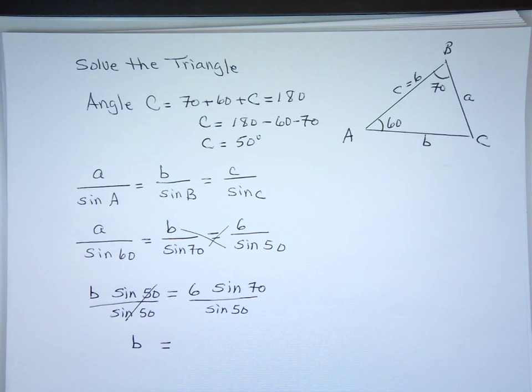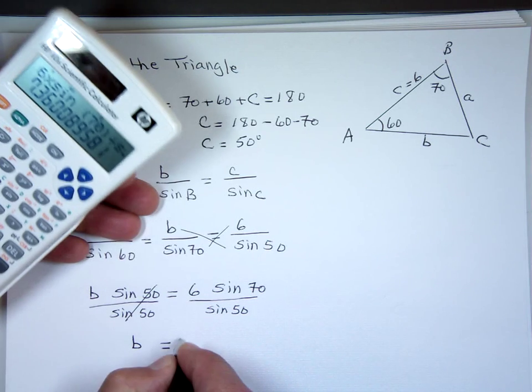Let me go to my calculator and do the math there. Six times the sine of 70 divided by the sine of 50. And if I did everything correct, I get 7.36.